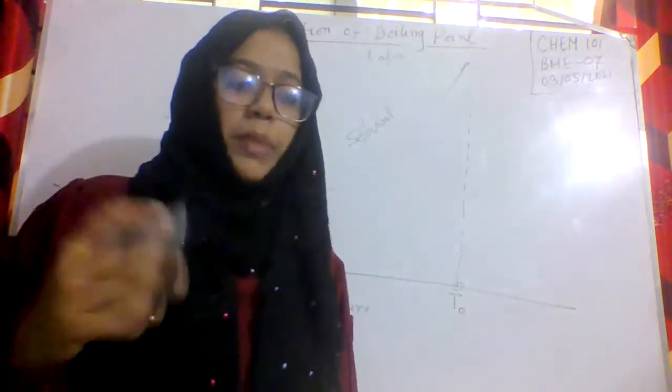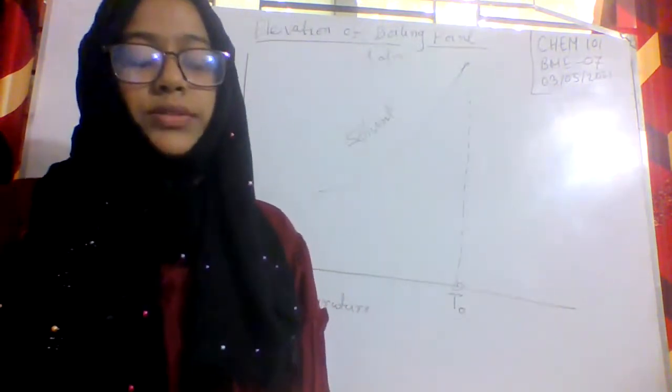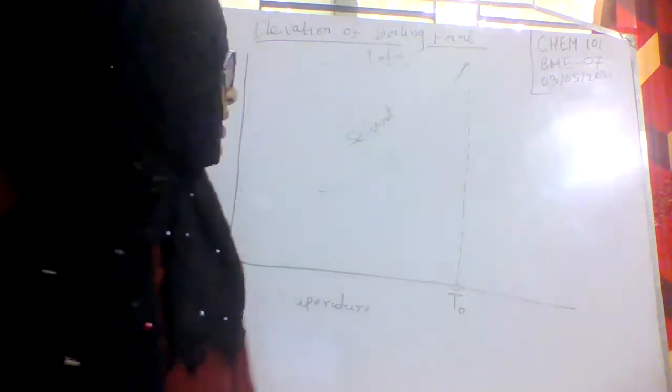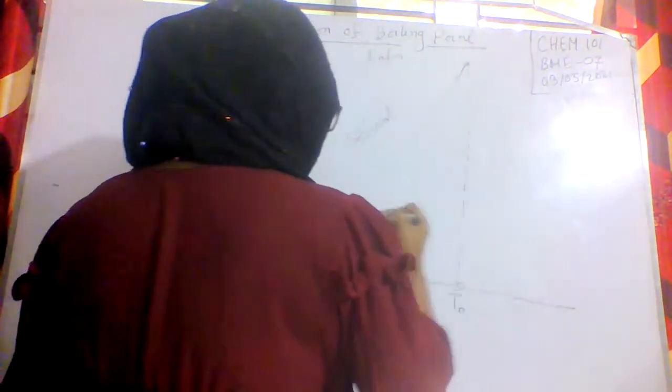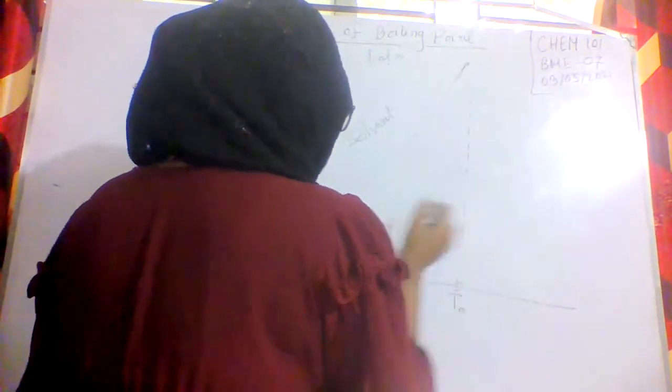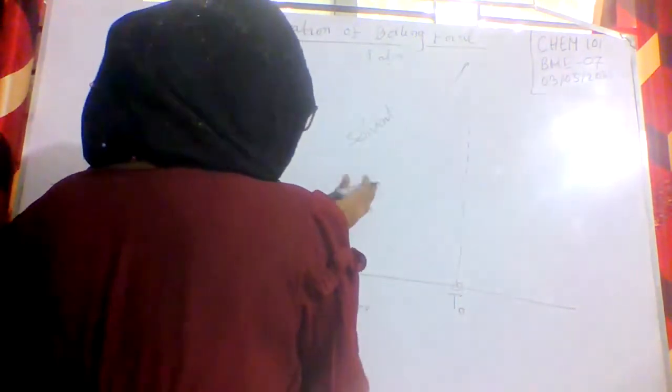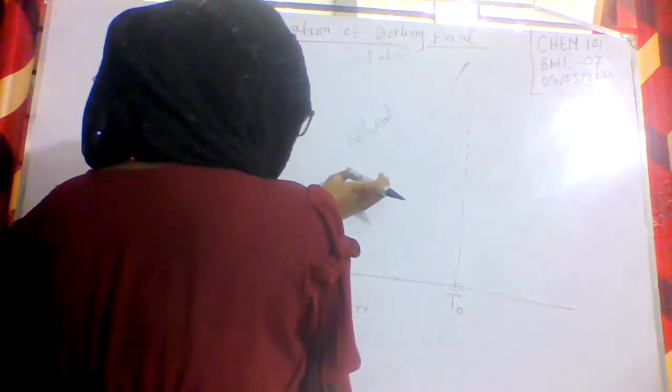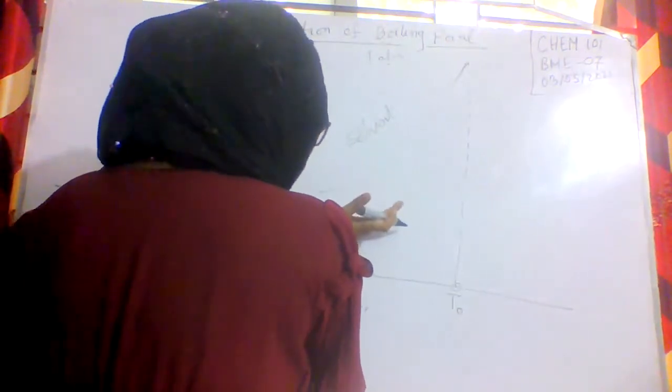If I take the solution, what will be the vapor pressure curve against the temperature? Just tell me that. In this way or in this way? It will decrease. That means it will not be above this curve, right? It will be below this curve.